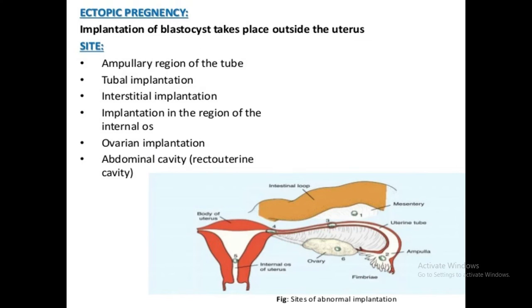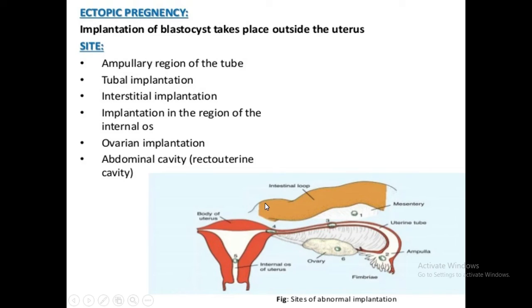What are the sites? These abnormal implantation sites are the ampullary region of the uterine tube, tubal pregnancy, intestinal implantation, implantation at the internal os, ovarian implantation, and also abdominal cavity implantation.